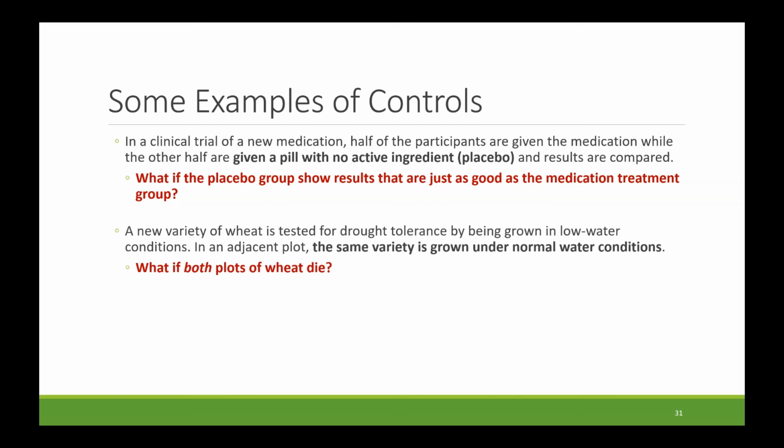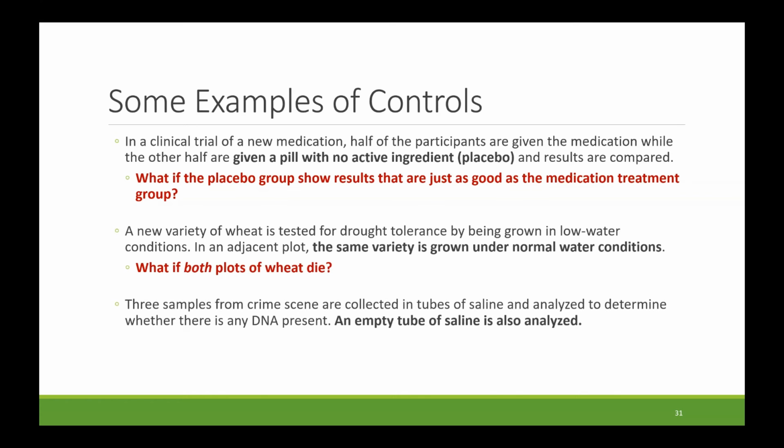And then I'll give you one more example. Say 3 samples from a crime scene are collected in tubes of saline, in other words, salt water, and then analyzed to determine whether there is any DNA present. And then an empty tube of saline is also analyzed, and that empty tube represents your control. Now, what if the empty tube comes back positive for DNA?